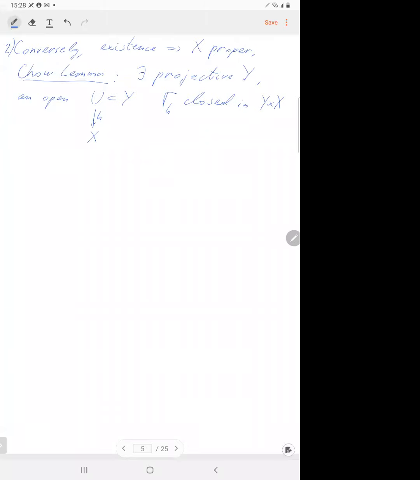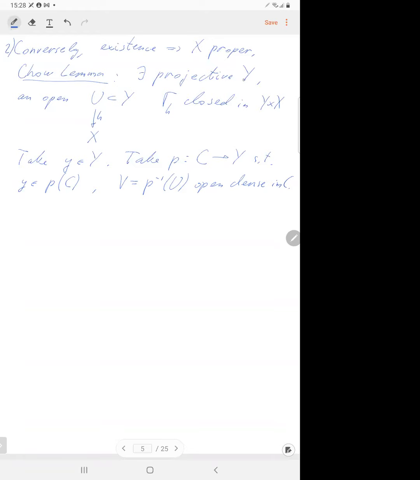Okay. So now take a point in this projective auxiliary variety, and take a morphism P from our curve to Y, such that this point lies in the image of our curve, and also the pre-image of this open subset is open dense in our curve.